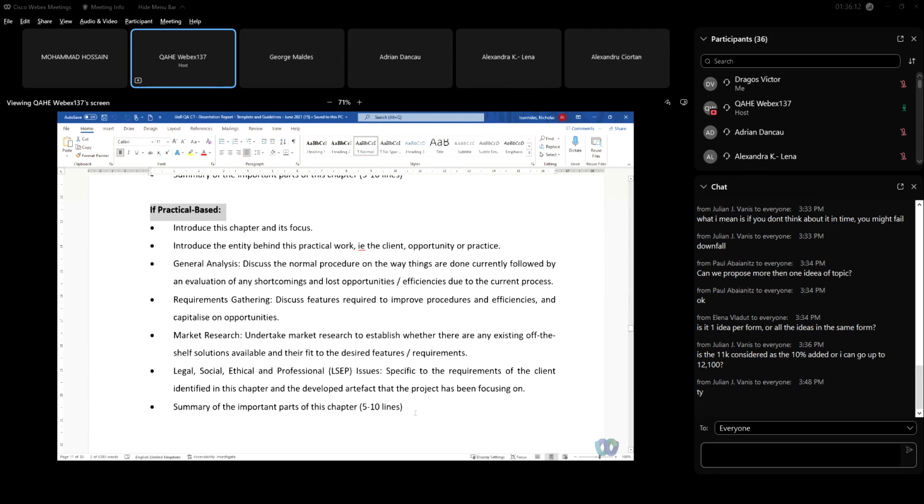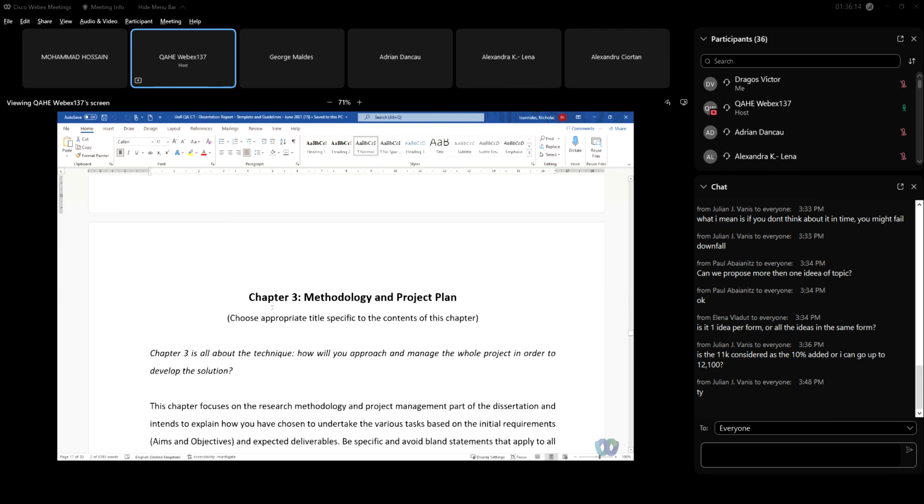Then you go to chapter 3, and this is about methodology and the project plan. This is a development of sections 3 and 4 from the proposal. The difference is that for the proposal, you are proposing what you are going to do in the future, whereas for the dissertation, you are discussing what you did in the past.